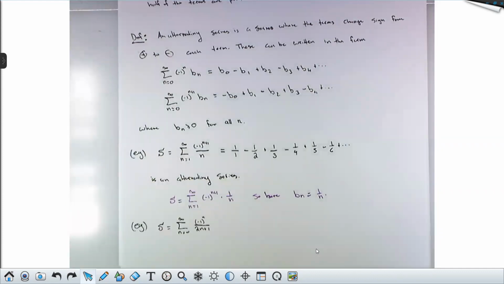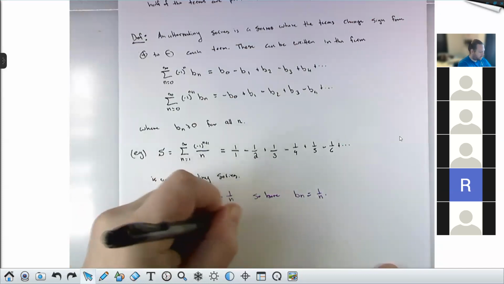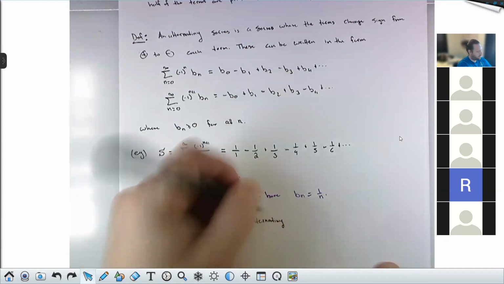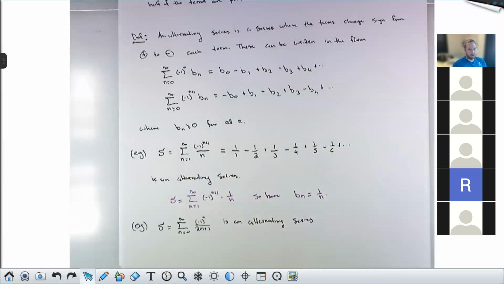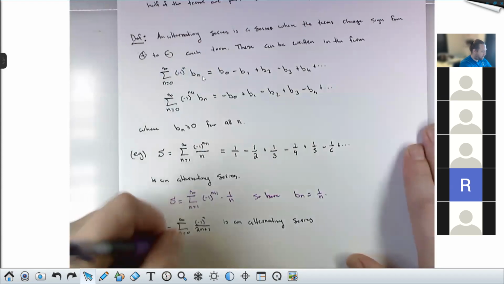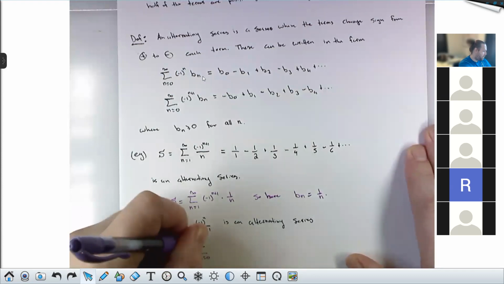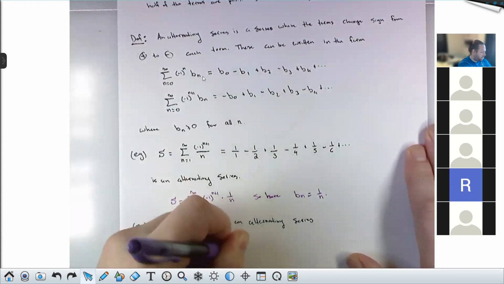Then the series sigma n from zero to infinity, (-1)^n over 2n plus 1. This is also an alternating series. Here again, if I want to write this in that kind of standard form for an alternating series where I've got the alternating piece times a positive piece, I would write this as S equals the sum from n from 0 to infinity of (-1)^n times 1 over 2n plus 1.